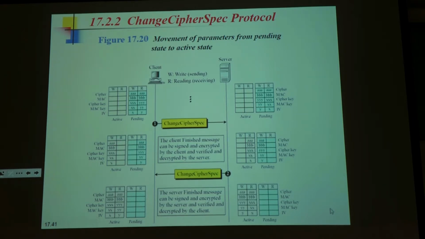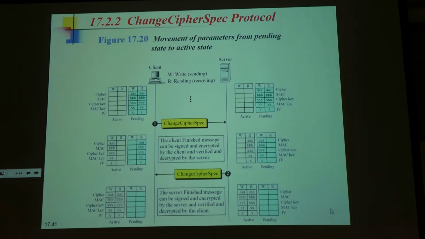This message is exchanged during the handshake protocol and defined in the change cipher spec protocol. The reason is that the issue is not just sending or receiving a message. The sender and the receiver need two states, not one. One state is the pending state, which keeps track of the parameters and secrets.